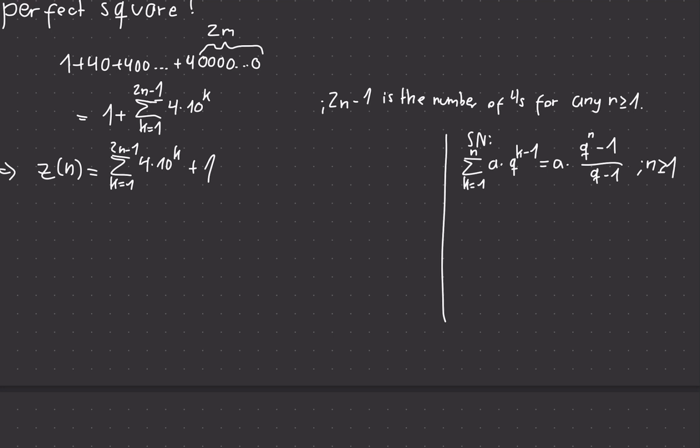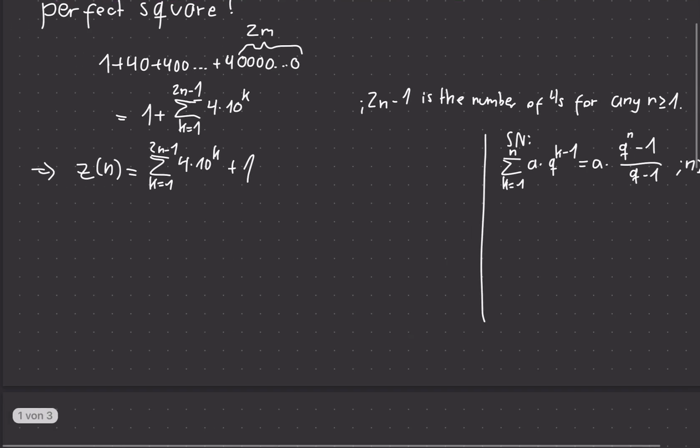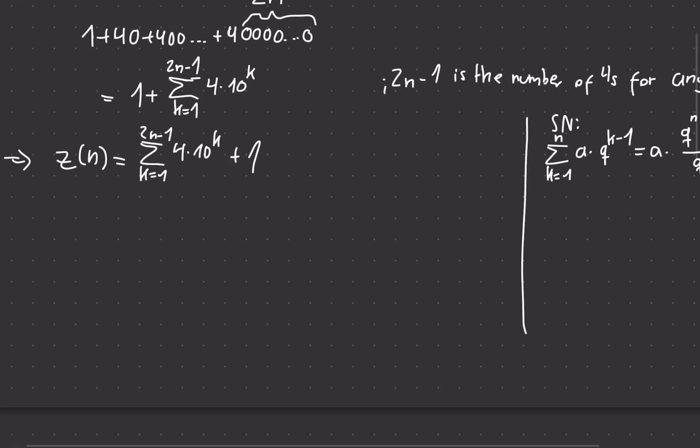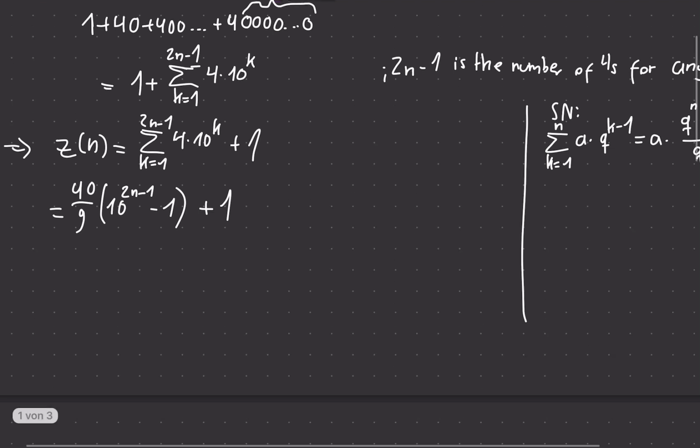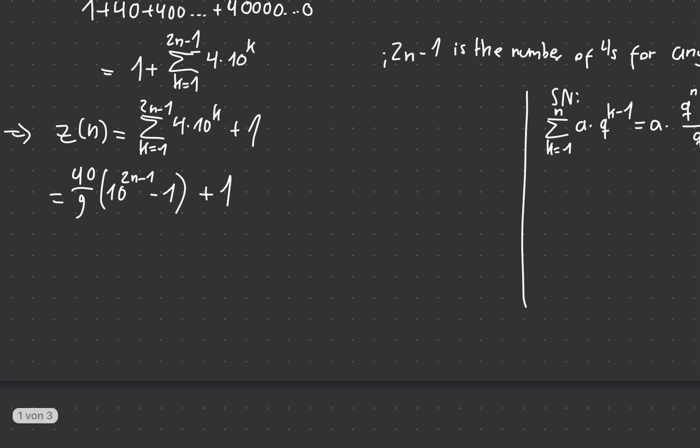So we can apply this to our series in our z of n, and that would yield that we have 40 divided by 9, this is our a, times, inside parentheses, 10 to the 2n minus 1 minus 1, and then plus 1. So let's try to simplify this. I want to get a factor of 4/9 out.